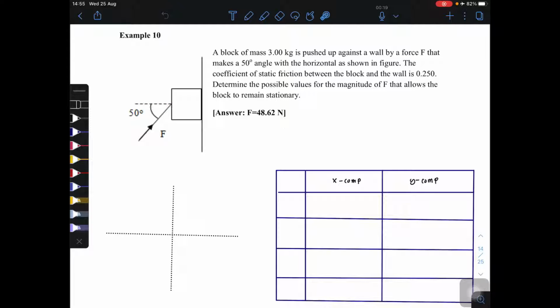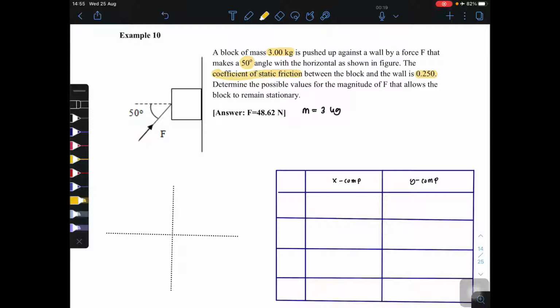Okay, so let's write down the information that we have. We have the mass of the block, 3 kg. And then we have the angle here. And then what else? We are given the value for coefficient of static friction, which is 0.25.